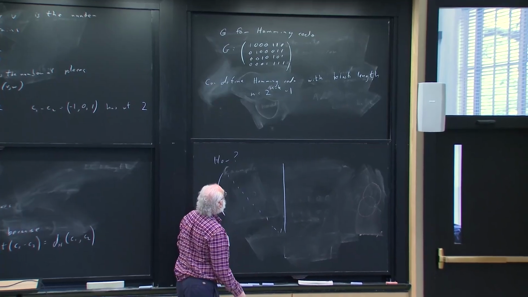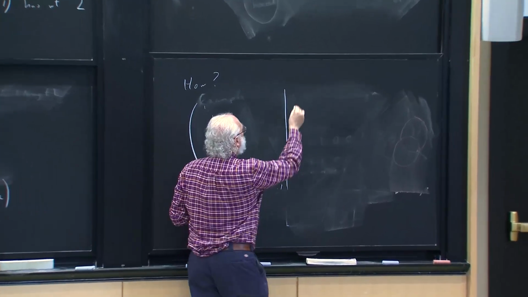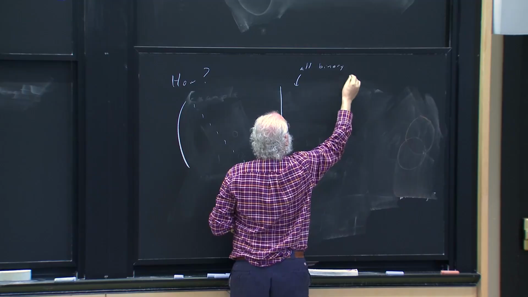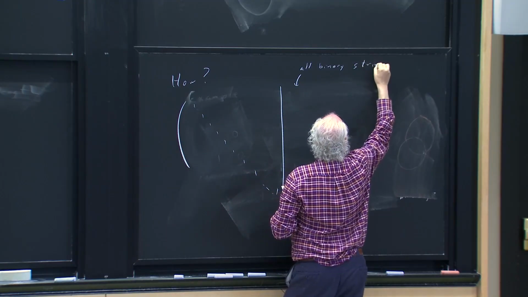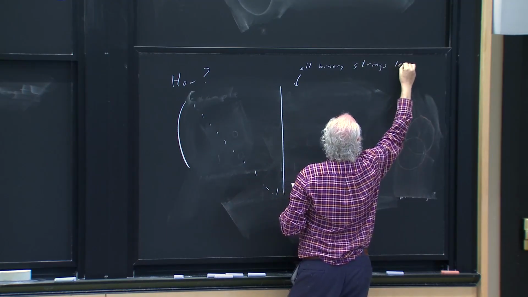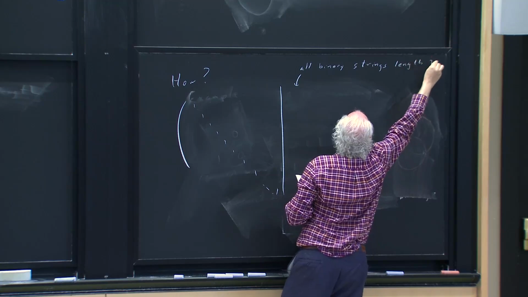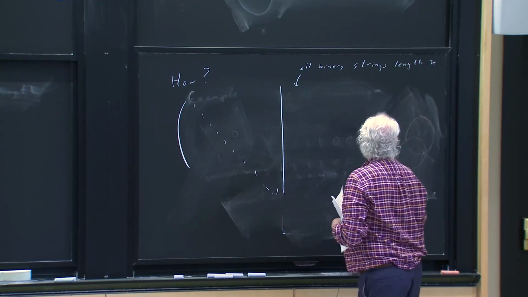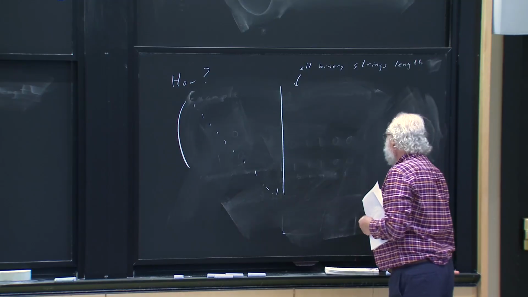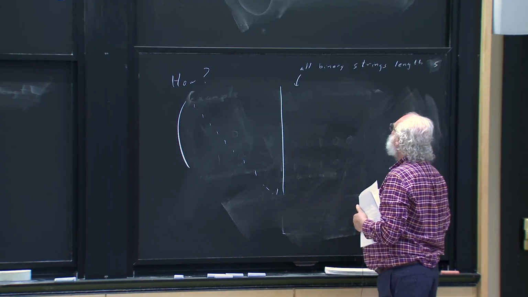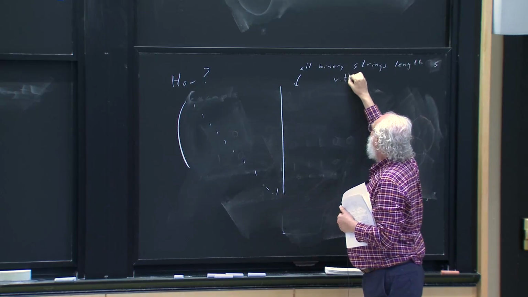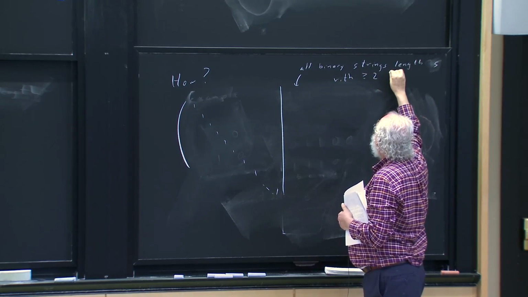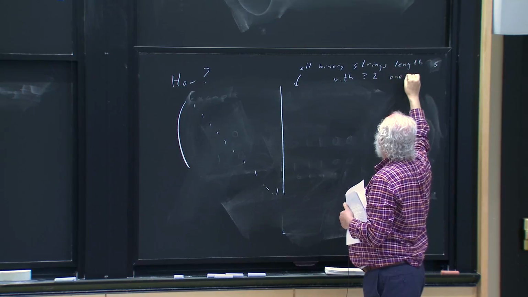And now we're going to put all binary strings of length s with at least two ones.